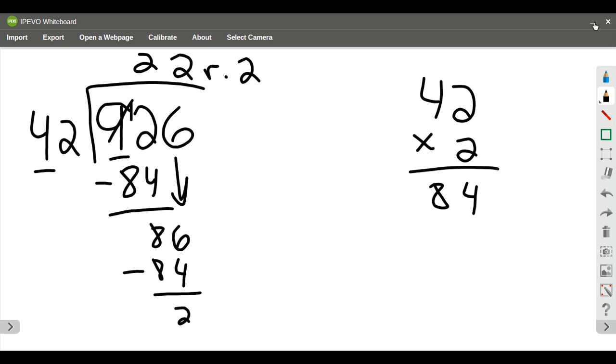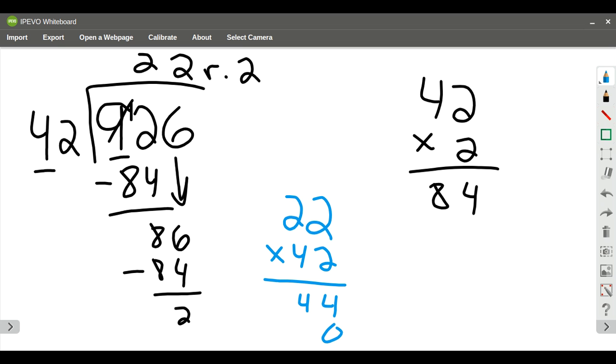Now to check this, I'm going to use multiplication. I'm going to take my quotient, 22, and multiply it by my divisor, and then see what I get. So 2 times 2 is 4, 2 times 4 is 8. Put down my placeholder. 4 times 2 is 8, 4 times 4 is 16. I'm going to add those together.